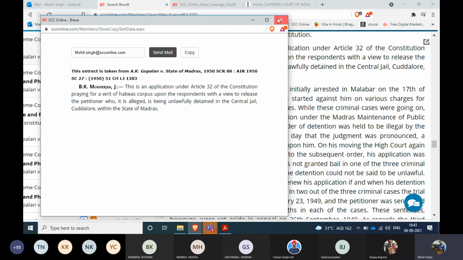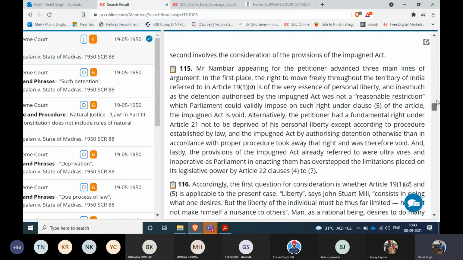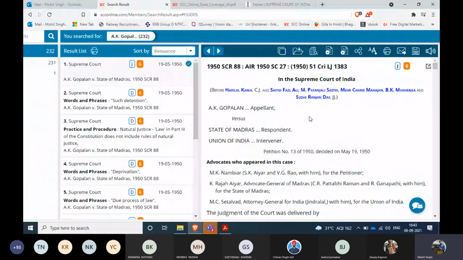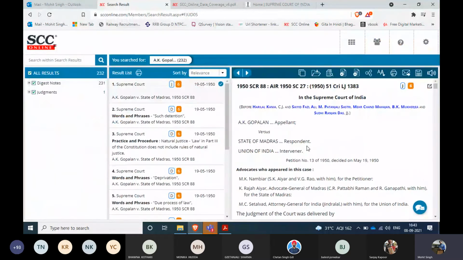Now, there is one more piece of information which we can talk about in this example. Whenever we are doing a case study on one particular case, let's suppose we are doing a case study on AK Gopalan, we also want to see what points of law were discussed in AK Gopalan. And also we want to see whether any point of law got overruled in future, that is not good law anymore, that we cannot cite.